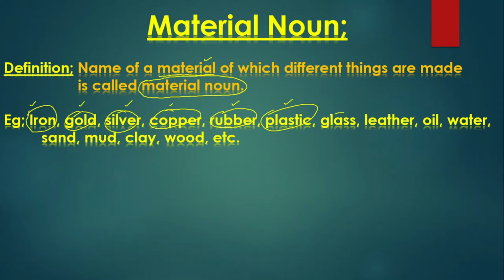Glass, it is also one of the important materials. By glass you make the glasses of a car or aeroplane or any sort of vehicle. And windows, you have seen that glass is being used.